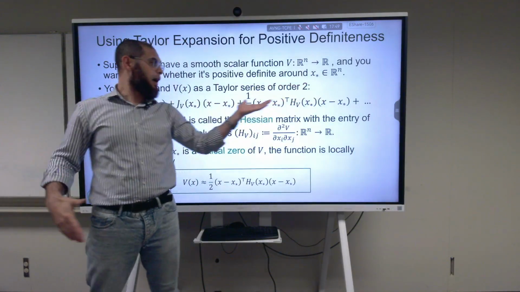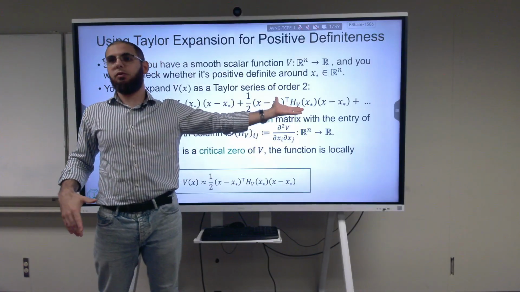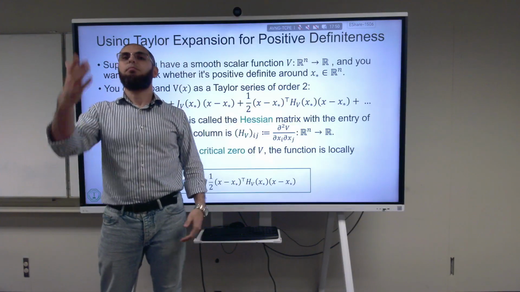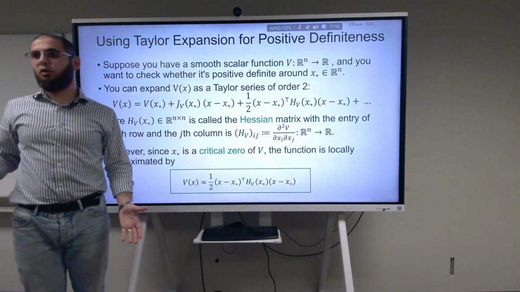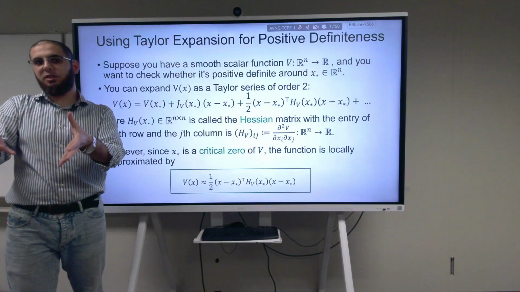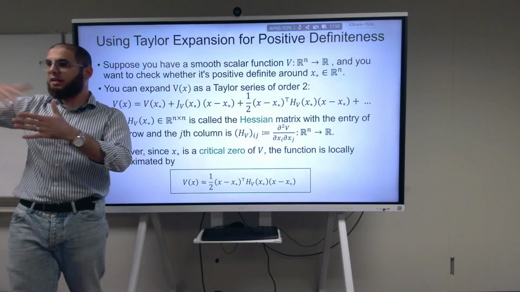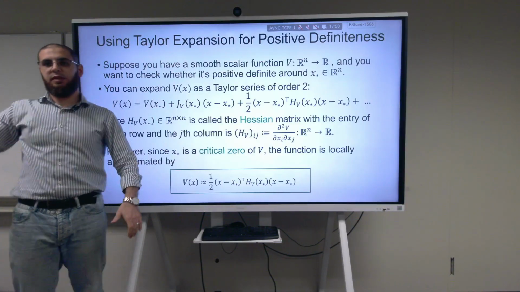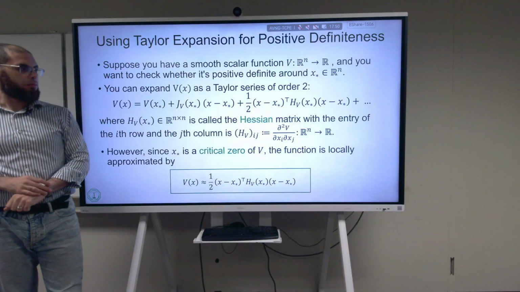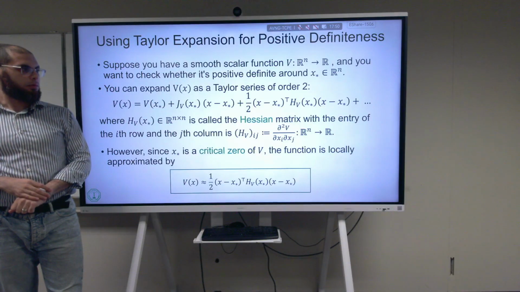So if I fail to use this, it doesn't mean that the function is not positive definite; maybe higher powers might contribute. Exactly. The higher powers contribute, and maybe it's locally positive definite, but away from it you cannot guarantee it's still going to stay positive definite. And so the limit is going to be the value of x, from the value that we're using, x minus x star.